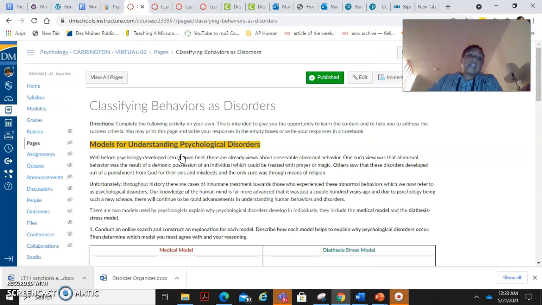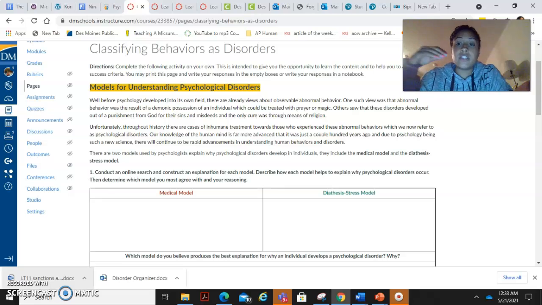All right. So classifying behaviors as disorders. The models that go into classifying, or essentially identifying the things that lead up to the development of disorders, are categorized into 2 different models.